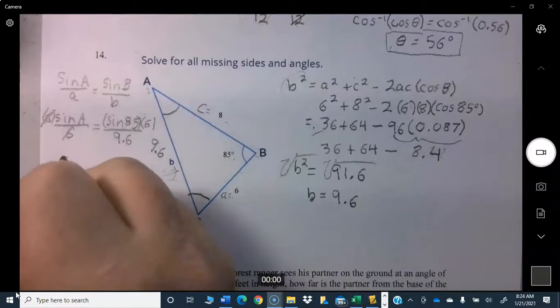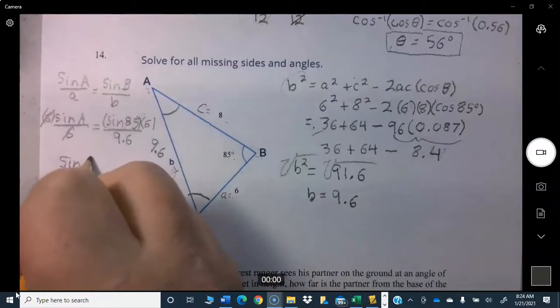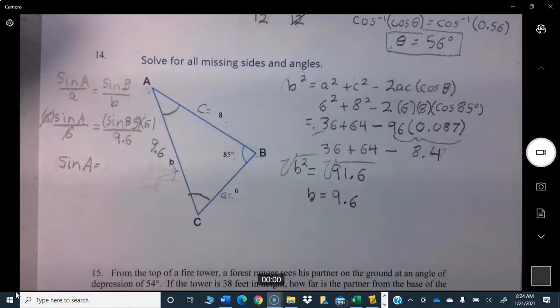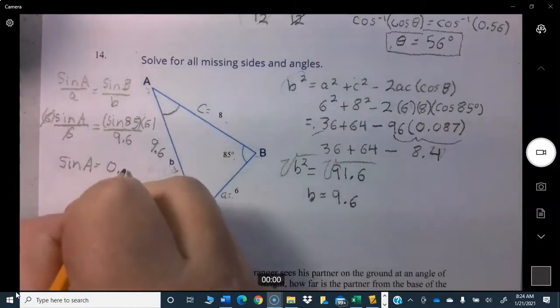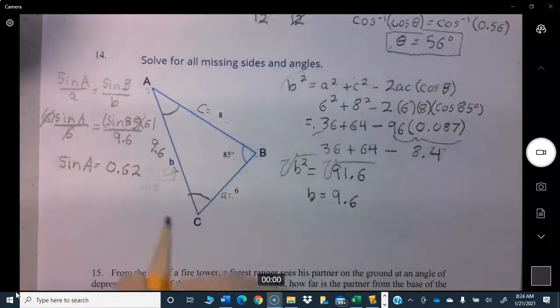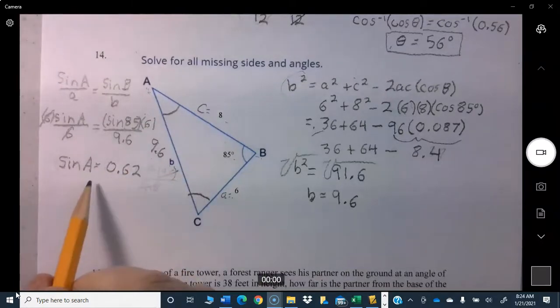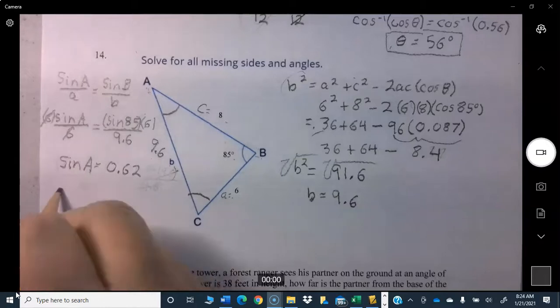That'll give us sine A. And that gives us this. So now we need to use an inverse sine to figure out what A is.